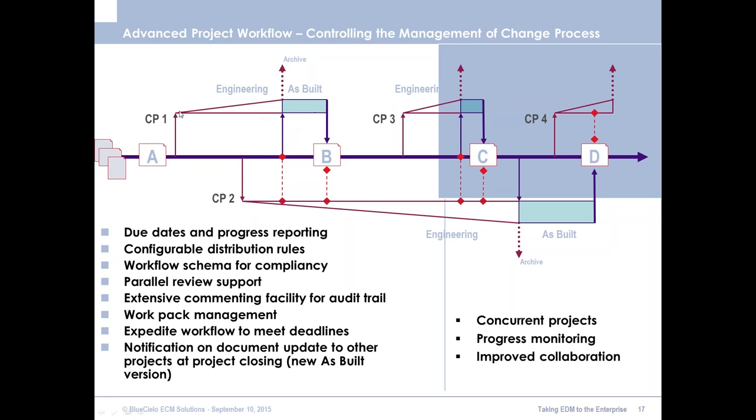And then you can see, for instance here, when project 1 is complete, its as-built needs to get passed into project 2, so the changes from project 1 and project 2 can get merged together. So I think this graphic also does a nice job of showing that interaction.